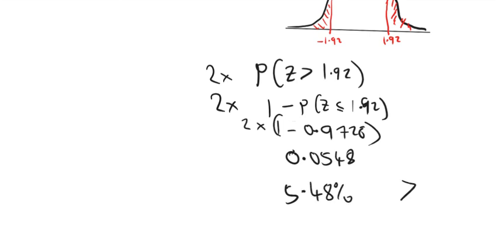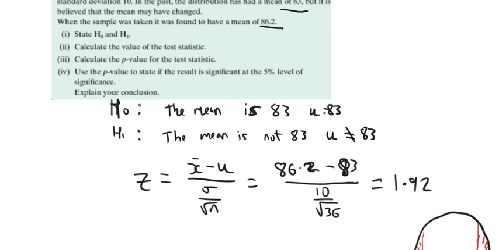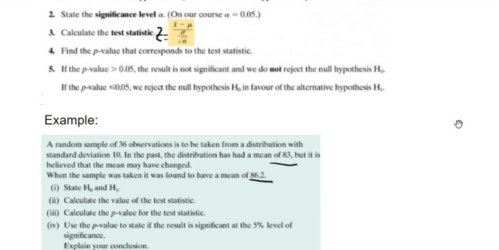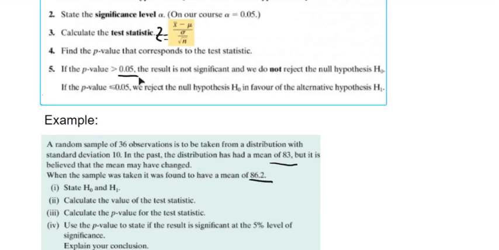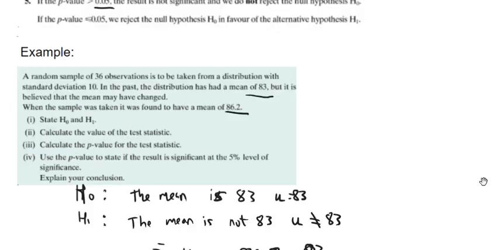That is greater than 5%, our level of significance. So if you look back up at step 5, if it's greater than 0.05, the result is not significant. Therefore, we do not reject the null hypothesis.